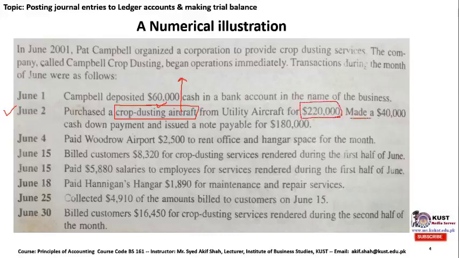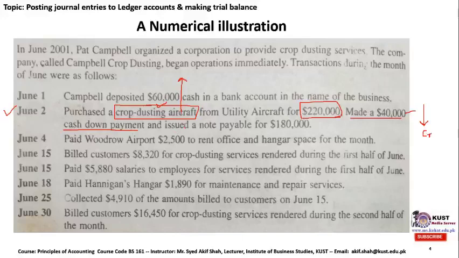The company has made $40,000 of cash down payment. Like at the time of purchase from utility aircraft, this crop dusting aircraft, the company has paid $40,000 in cash. So therefore the cash level of the company will decrease by 40,000. And as we know that cash is our asset, so when there is a decrease in asset, it will be recorded as a credit entry.